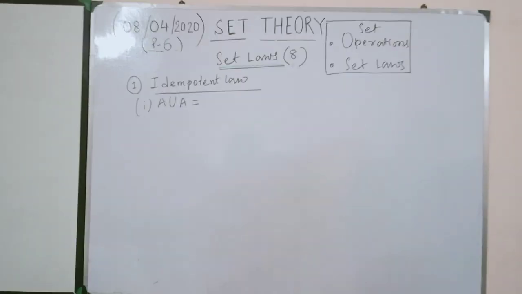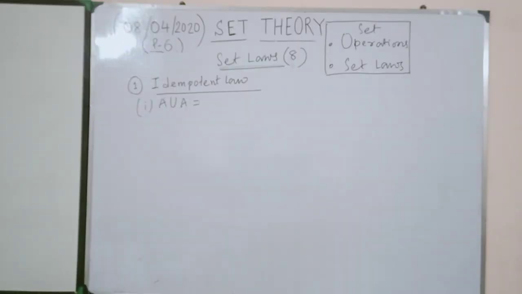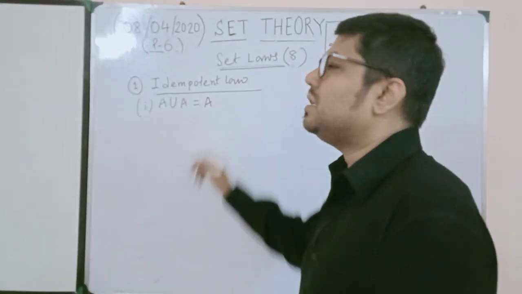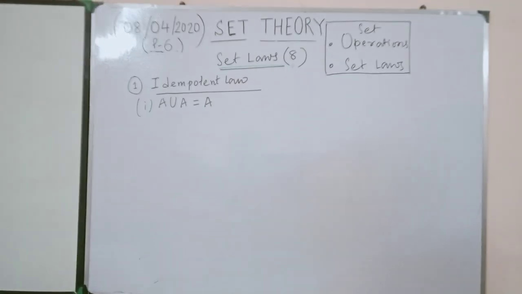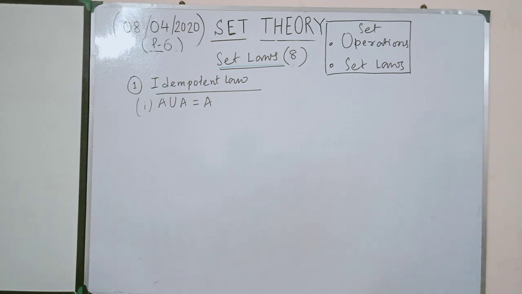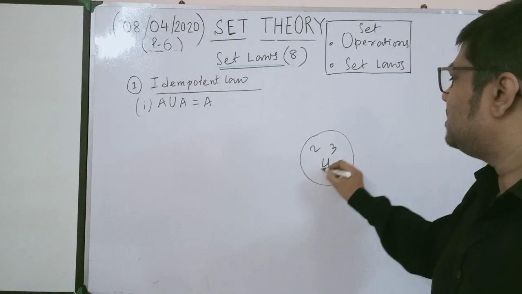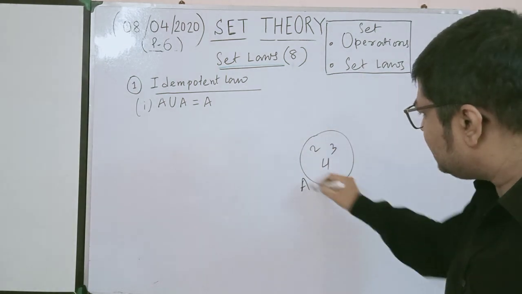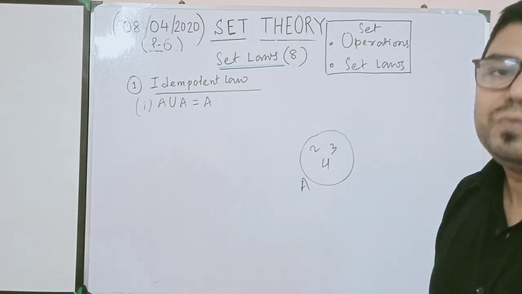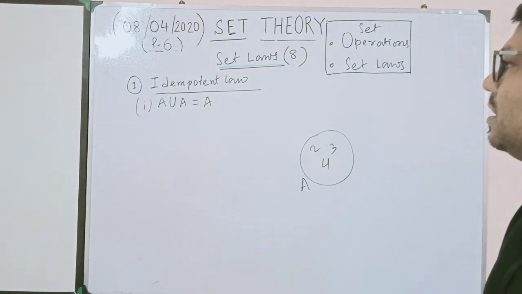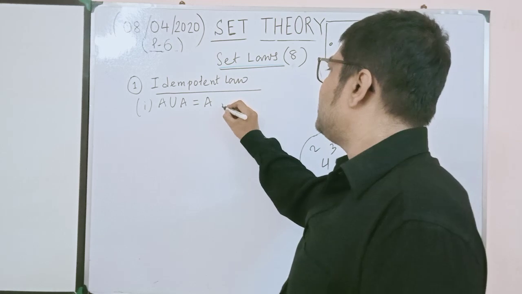If you unite A with A, you will get A only, because we know a set's elements are not duplicated. That means it will give you the same set A. For example, if 2, 3, 4 is set A, and another set A is united, you basically get 2, 3, 4. So this is the idempotent law.